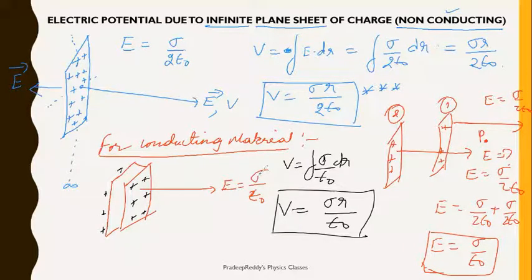Remember that. So taking that E value and substituting in this basic equation, you will get the electric potential. It's very simple. For a non-conducting sheet, the denominator has an extra 2. For a conducting sheet, there is no 2 in the denominator. That is the difference between conducting and non-conducting sheets, and this should be very clear.